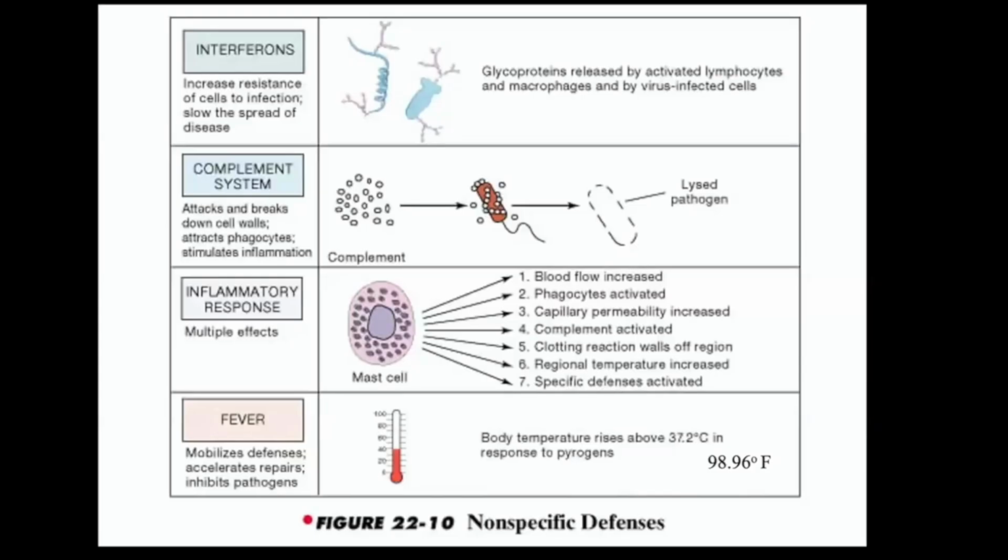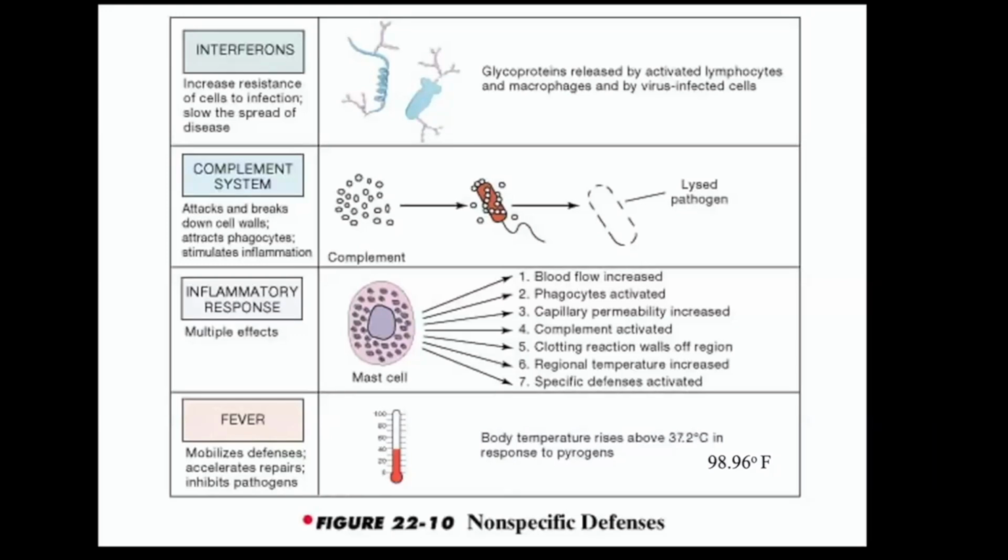The reason I bring this up is interferons are released in the case of viruses, including cancer, to help fight off the virus. So if you ever hear that, you know what that does.